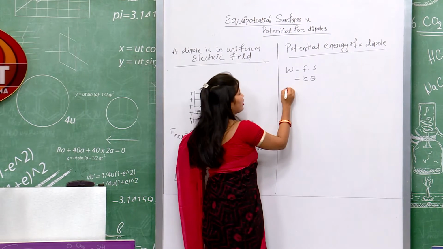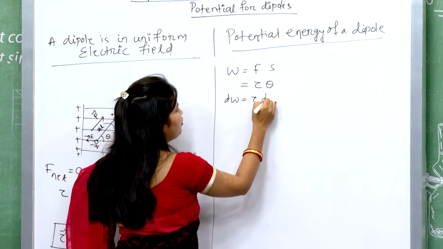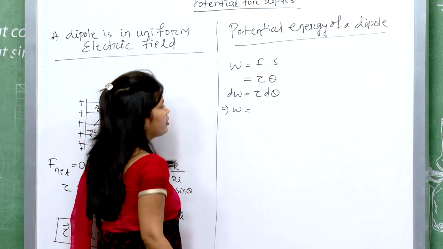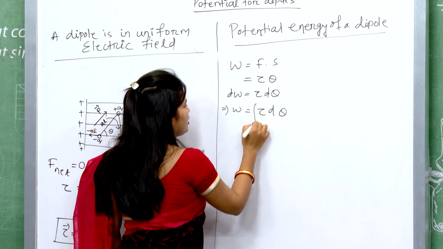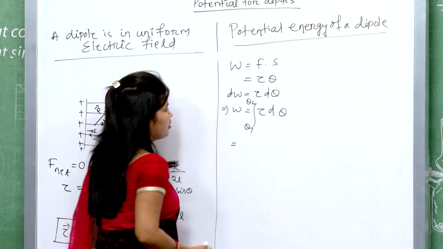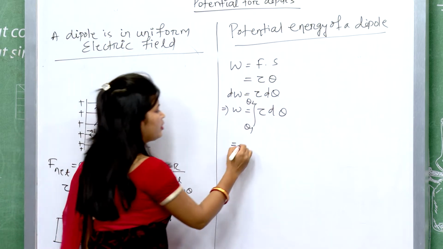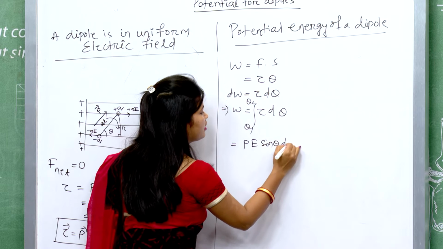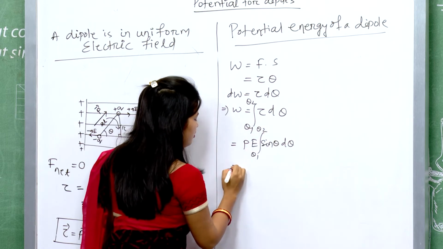For a small angular displacement, small work done dW is equal to tau d theta. Integrating, I can find the total work done, the integral of tau d theta from theta 1 to theta 2. Putting the value of tau, that is PE sin theta d theta, integrated from theta 1 to theta 2.